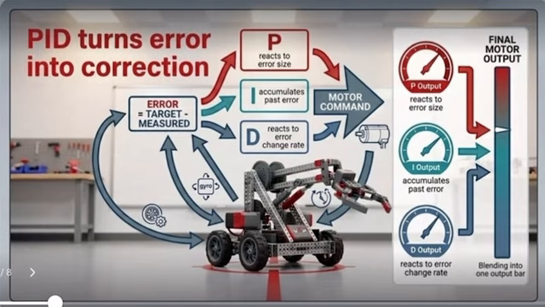So what P does is it reacts to your error size. What that means is how high your error is. You want your error to be 0, and that's what P is gonna do. The next thing is I. I is gonna accumulate past error.